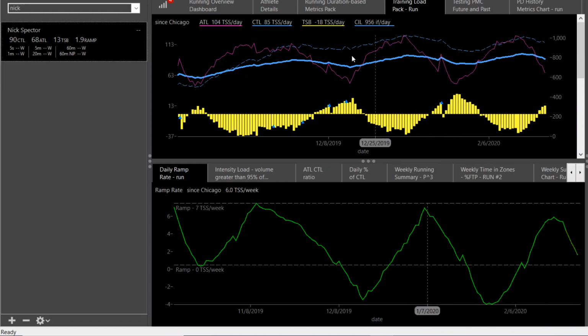and notice that his chronic training load actually is increasing each time. Because he didn't spend a whole long time recovering and allow that CTL to drop, he was able to sequentially build his chronic training load.